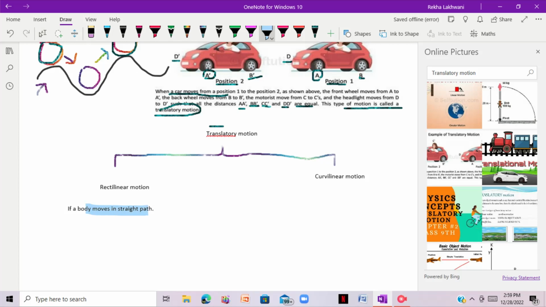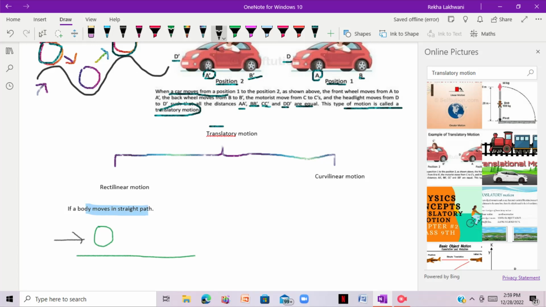Okay, this is a ball, and I have applied force on this, and it is moving. It is coming here. Then it is moving. This is coming here. So it means that my ball is moving in a straight line.